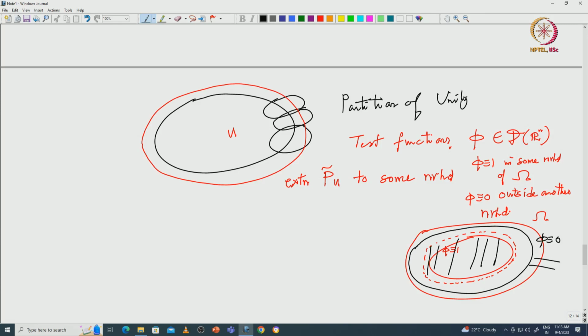Then use that to define your extension Pu, that is nothing but phi times p tilde of u. That means Pu equals u in omega, because phi is identically 1, and it is 0 outside a neighborhood.